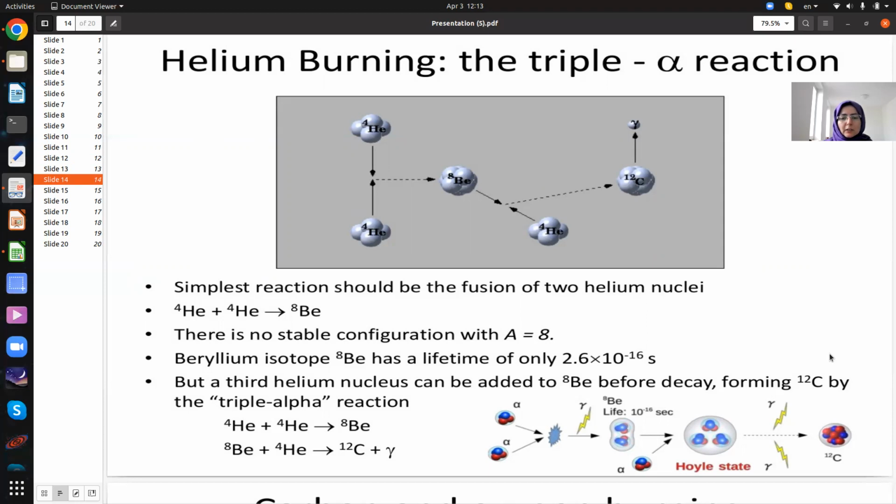But a third helium nucleus can be added to beryllium-8 before decay, forming carbon-12 by the triple alpha reaction. Helium-4 plus helium-4 gets beryllium-8, and then beryllium-8 plus helium-4 gets carbon-12 plus gamma, as you see here.